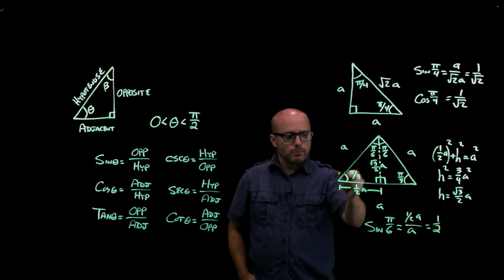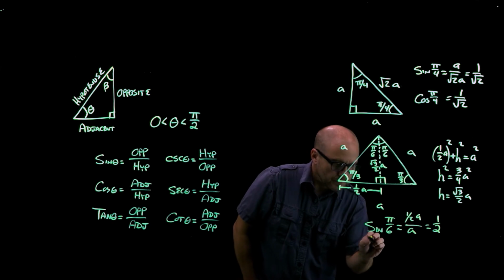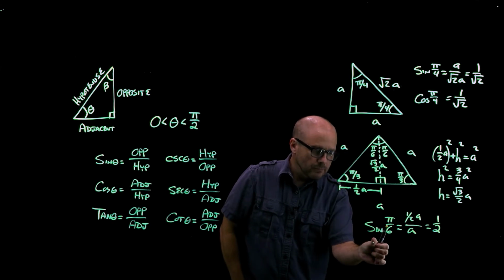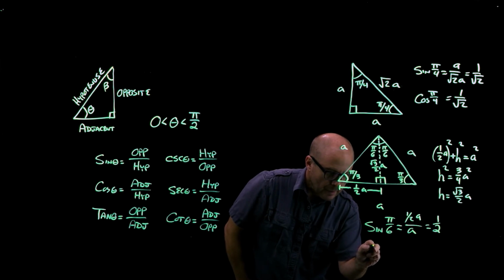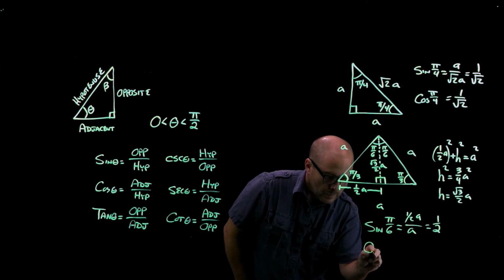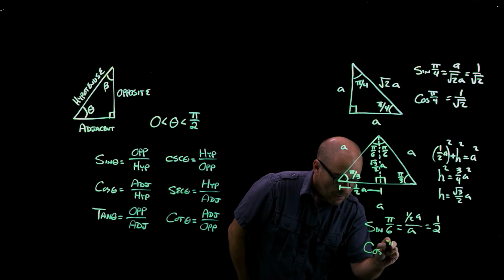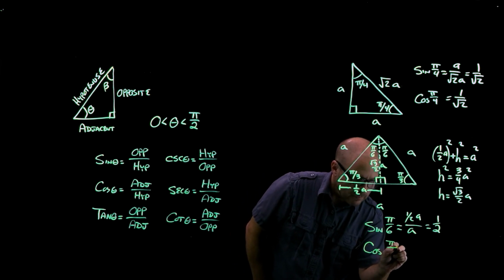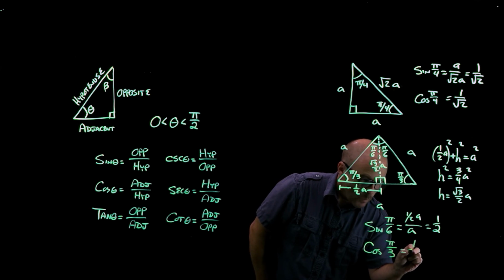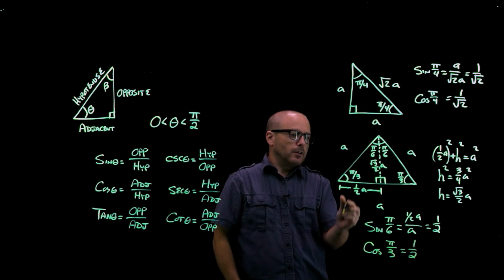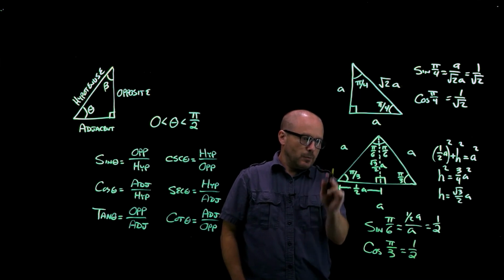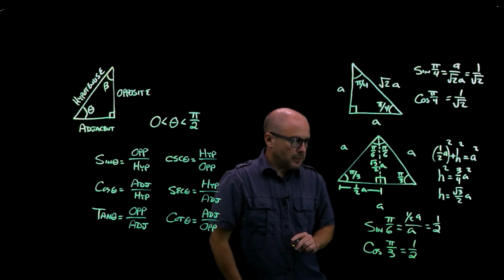But because pi over 3 is its cofunction, that means that must be cosine for pi over 3. Or just go back to the triangle. What's cosine, adjacent over hypotenuse, would also be 1/2.